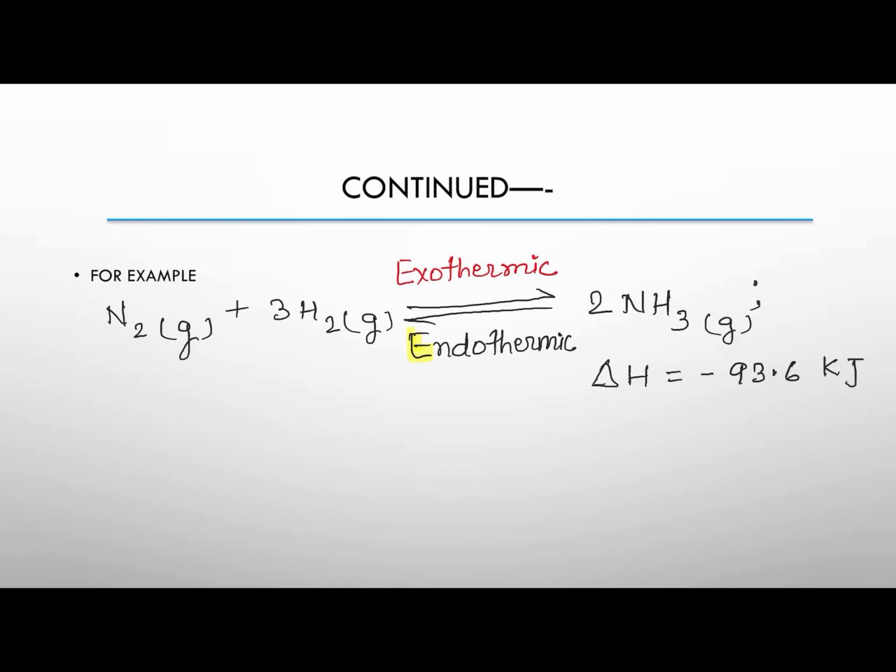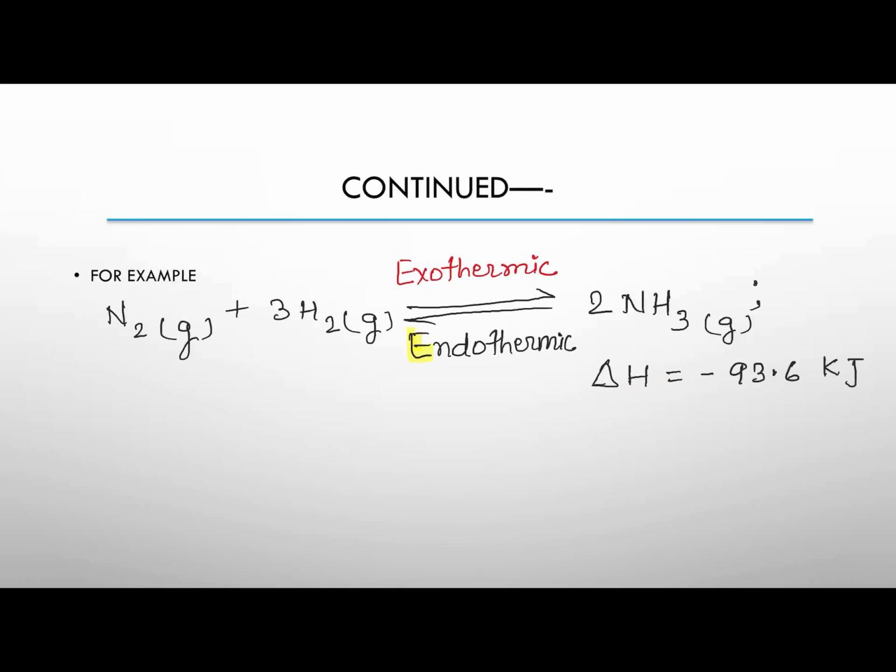Let us consider a reaction, nitrogen plus hydrogen forms ammonia, and this is an example of a reversible reaction. Here, formation of ammonia takes place with liberation of heat, and this is an example of an exothermic reaction, and decomposition of ammonia takes place by absorption of heat and is an endothermic reaction.